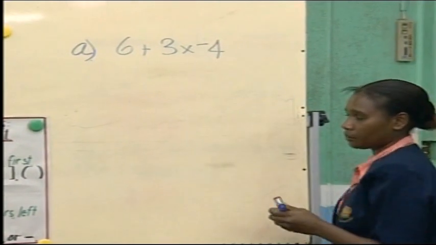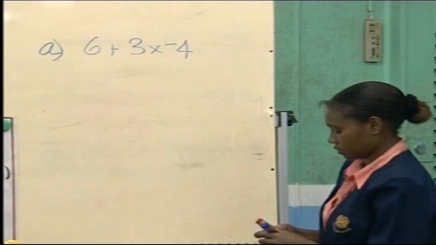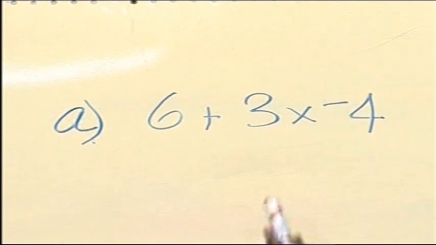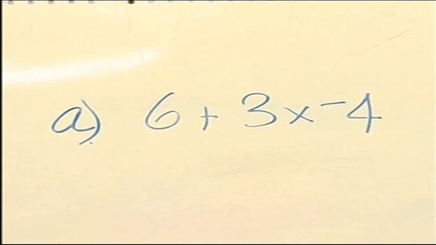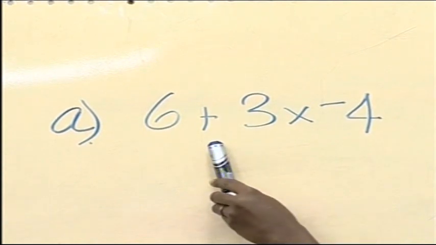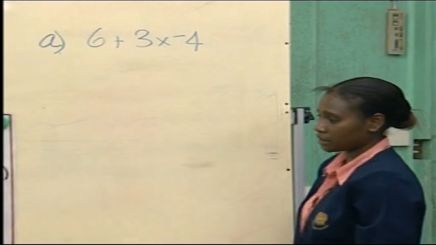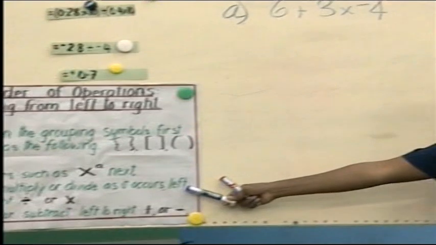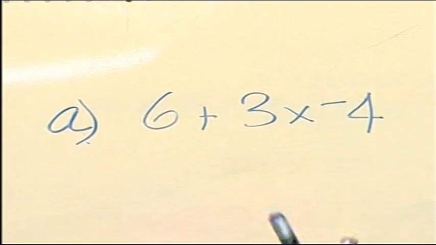Okay, looking up the board, we have 6 plus 3 times negative 4. I've asked you to group this problem here, because in this problem you have an addition sign and also multiplication. Your rule number 3, that's the third step that you will take, but it will apply in this problem here.